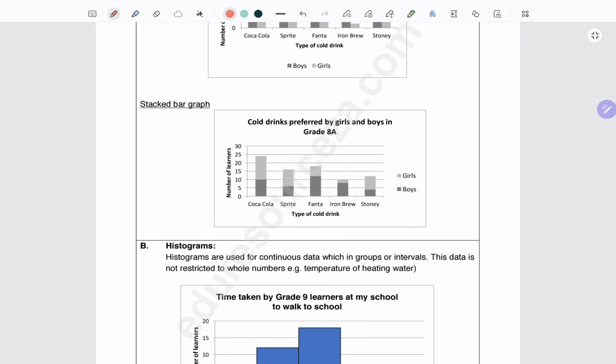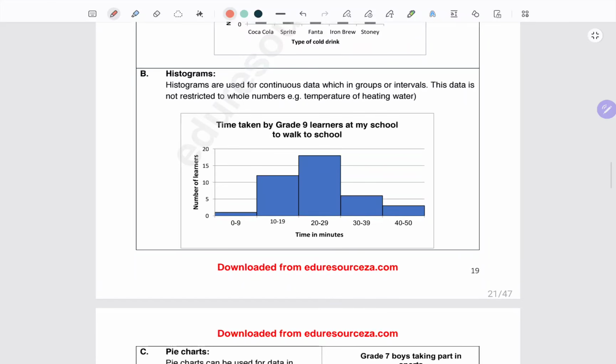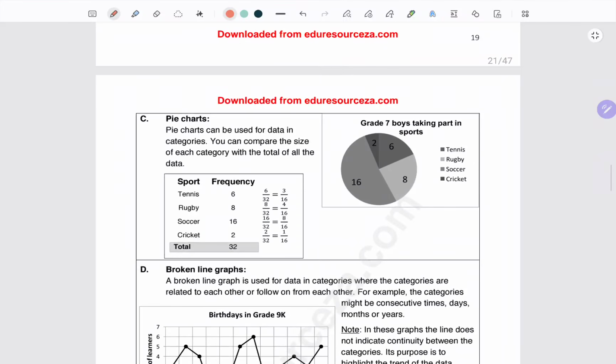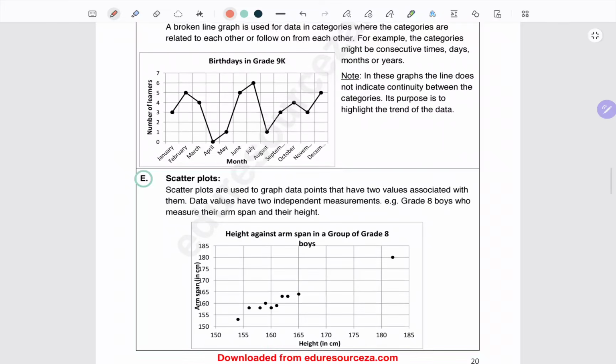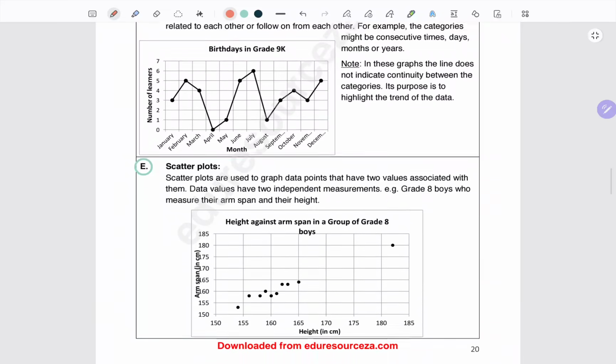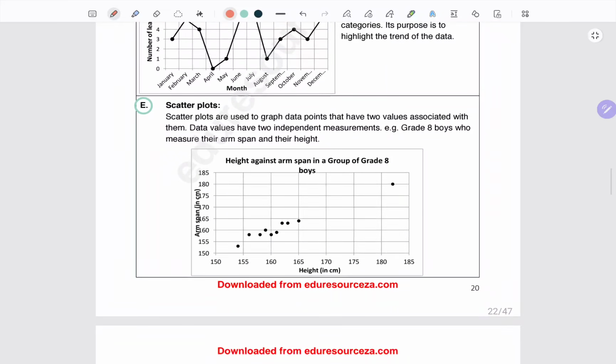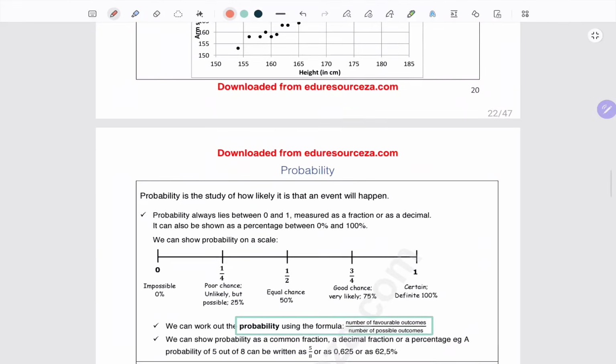So nice stuff here. Histograms, pie charts, frequency polygons, or you can say line graphs, and scatter plots, which is the stuff that you would be learning in grade 12. Nice. So, folks, this is it.